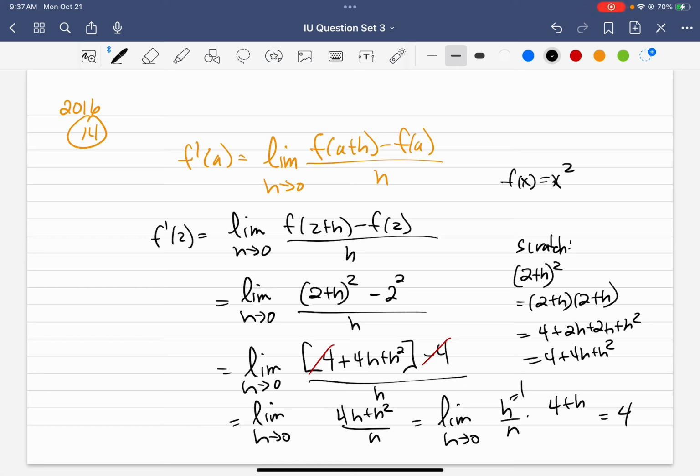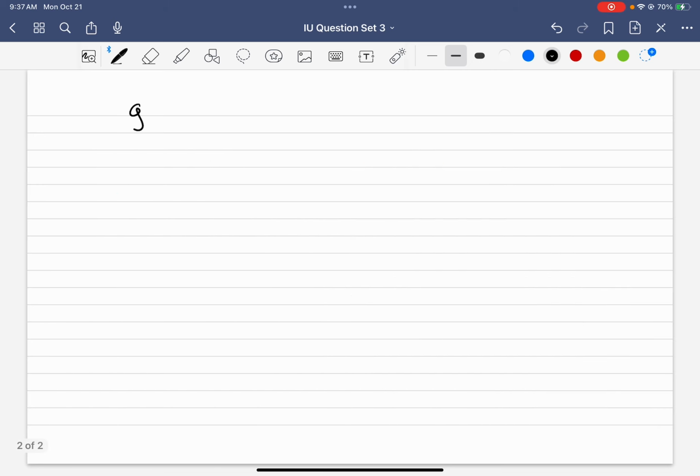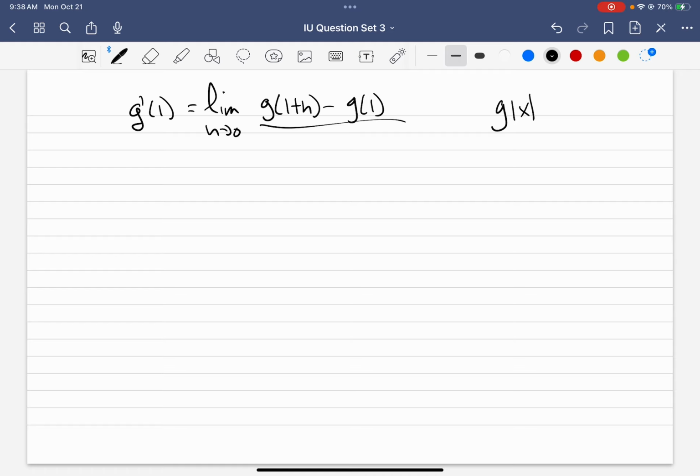Okay. That's that, but now it wants us to do the same thing and find g prime at 1 if g is absolute value of x. Well, that's going to be, again, the limit as h goes to 0 of g at 1 plus a little bit minus g at 1 over h.